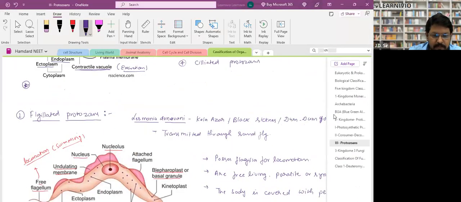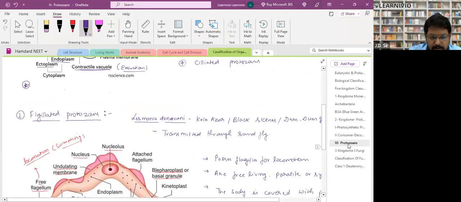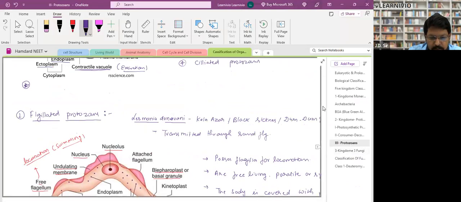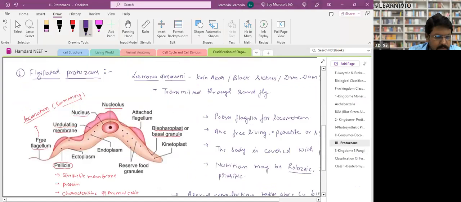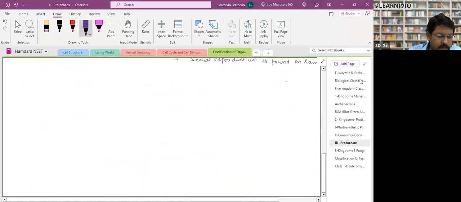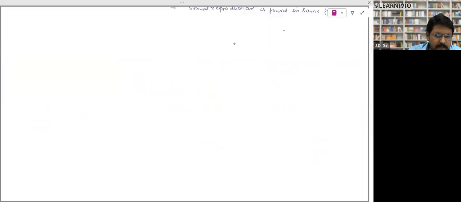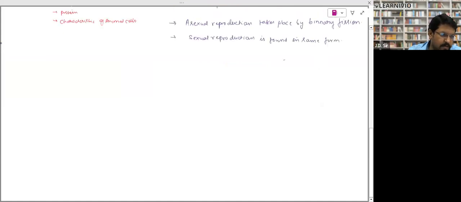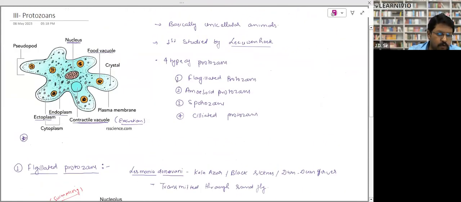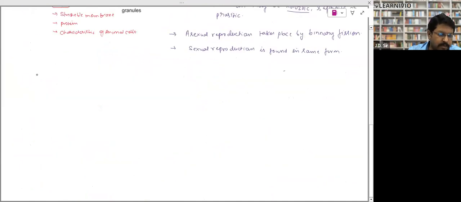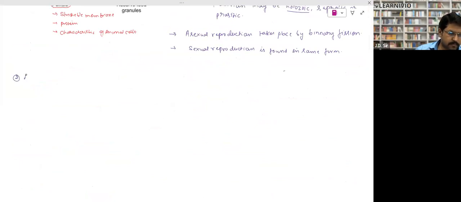So this was flagellated protozoa. The first flagellated protozoa was Leishmania. Now come to the second kind of protozoa. I have told you flagellated, then amoeboid protozoa.